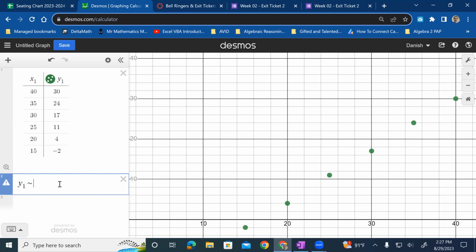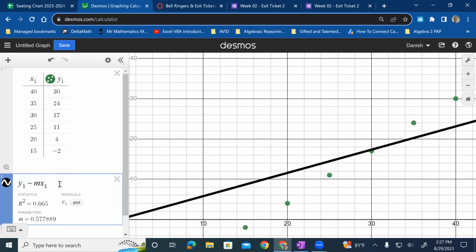So I will put there m and then x underscore 1, and then I will again hit the right arrow key to take the cursor back up.